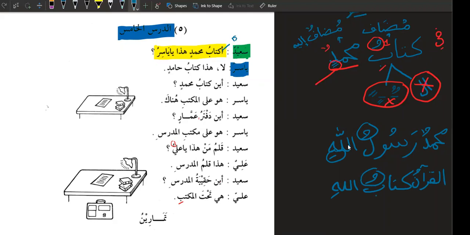The Qur'an is the book of Allah. For example, when we say الكعبة, we say بيت الله. So the Kaaba is بيت الله, the house of Allah.